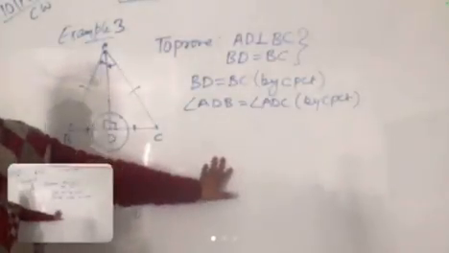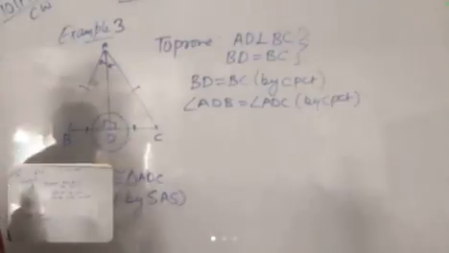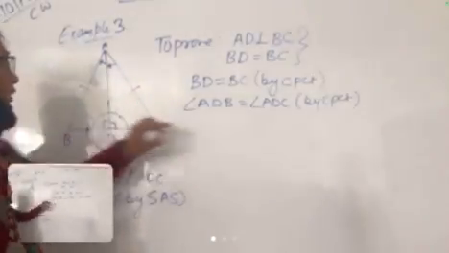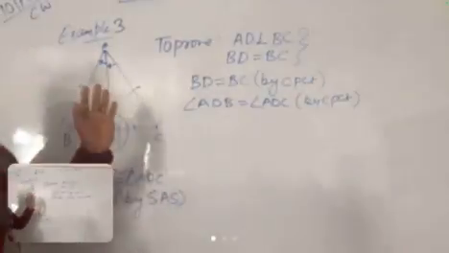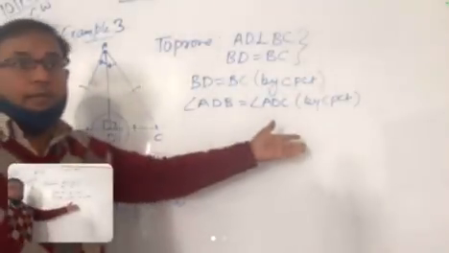Did you understand? Is it clear? Yes. Now angle ADB is equal to, now this angle is equal to this by CPCT because it is a corresponding part of a congruent triangle.